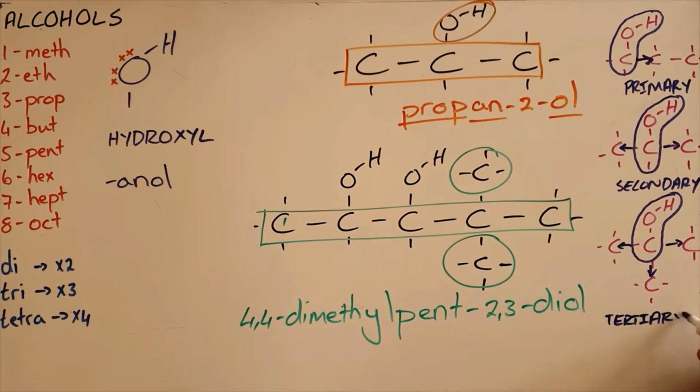This becomes important in the next section where we start looking at how alcohols react with each other. So it is important to be able to identify primary, secondary, and tertiary alcohols, and that is done by looking at the number of carbons to which the carbon attached to the hydroxyl group is attached.